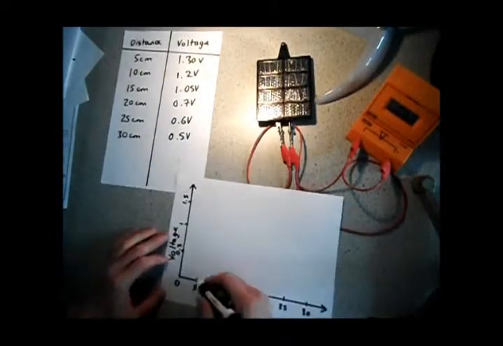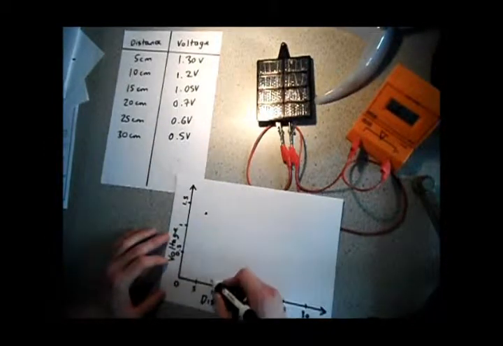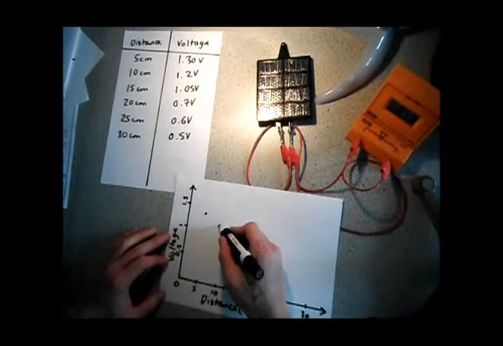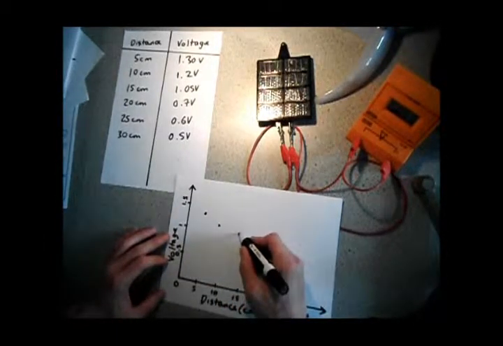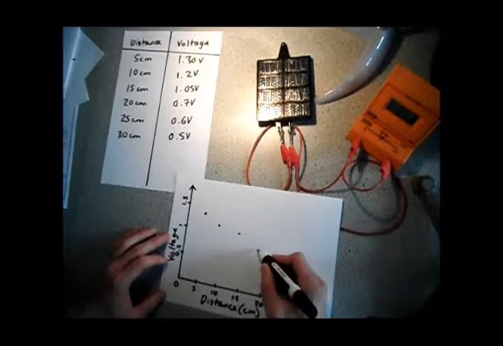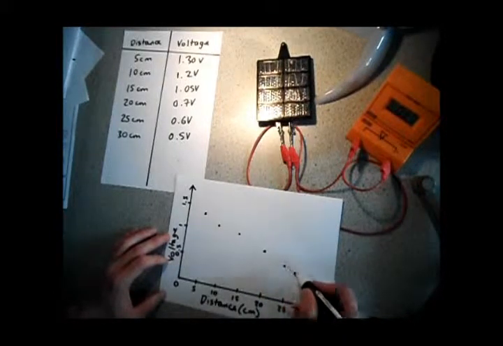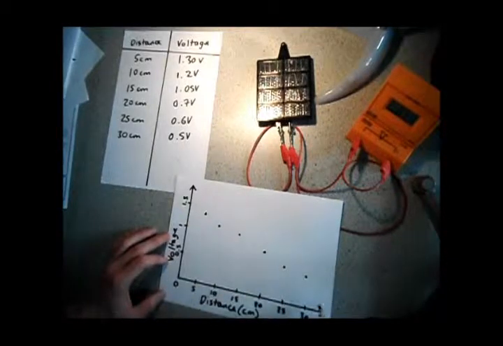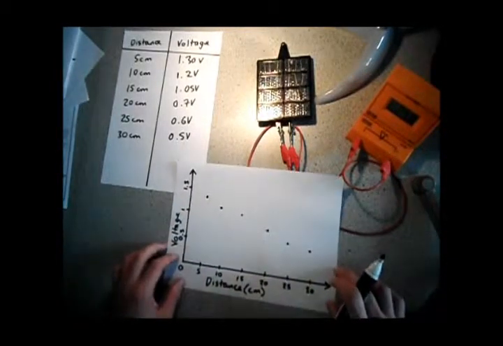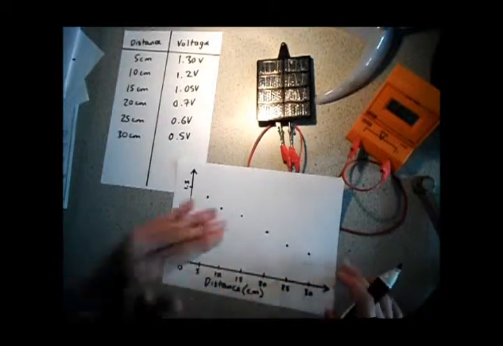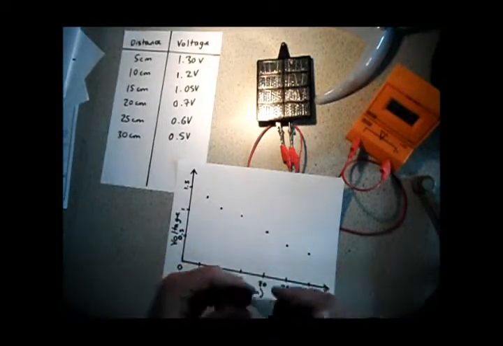So this time the graph will look like this. This time it's not so much of a straight line, but they should see that as the distance increases, the voltage decreases.